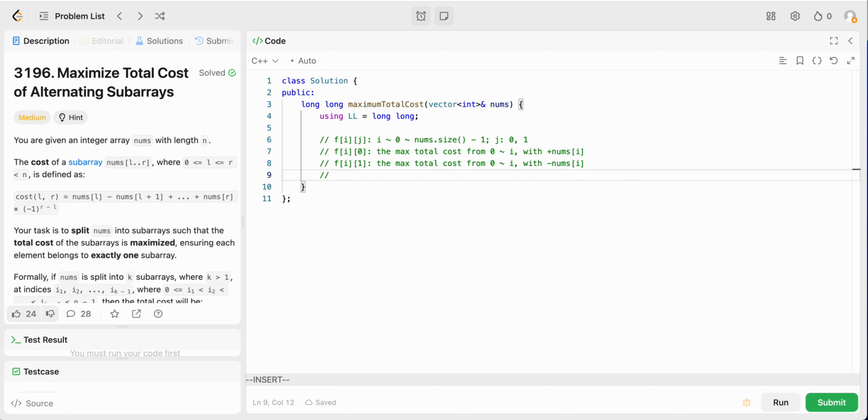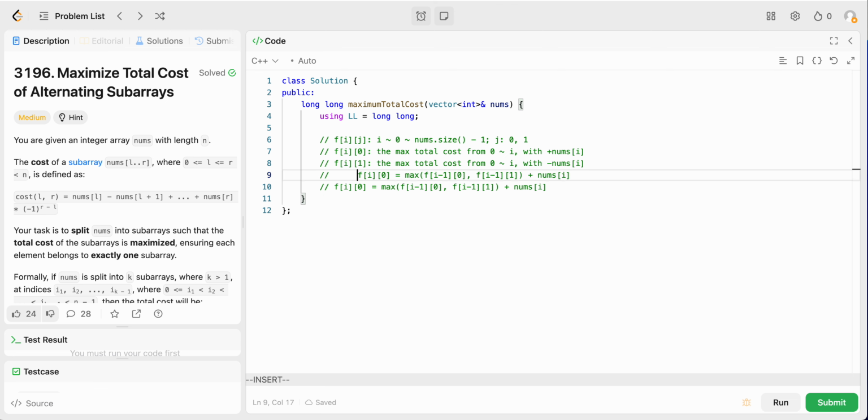Then we can have the state conversion function. For f[i][0], because we have a plus sign here, we just need to consider i minus 1: it's the maximum of f[i-1][0] and f[i-1][1], plus nums i itself.